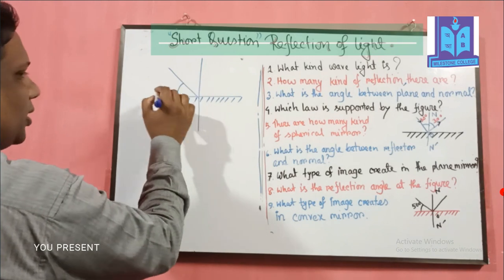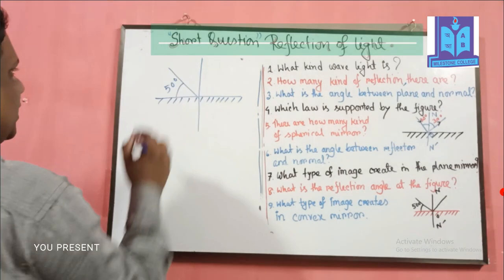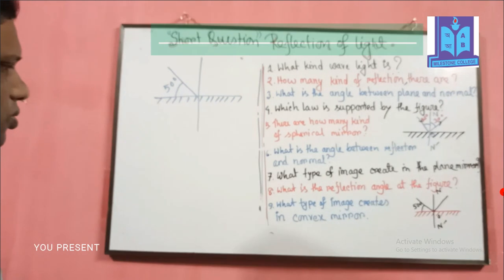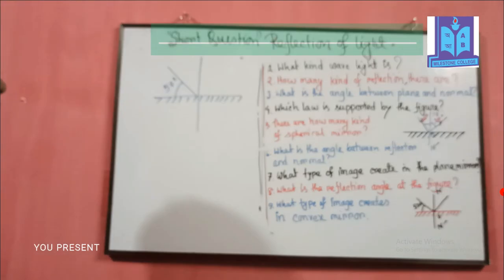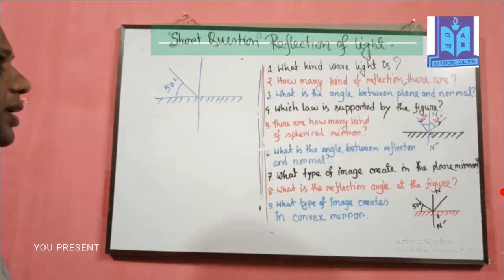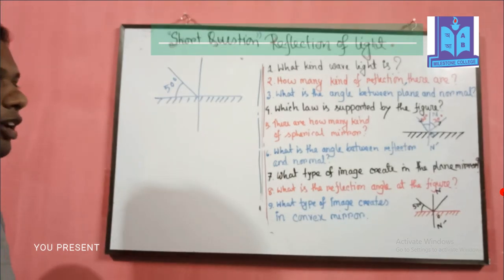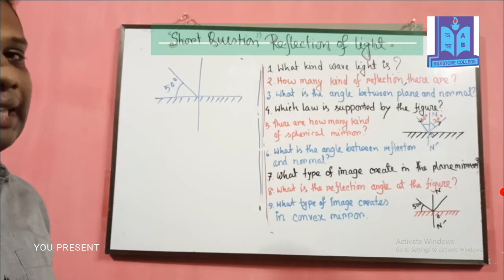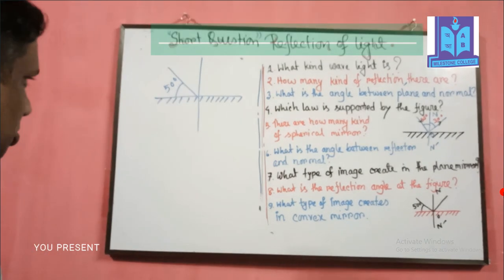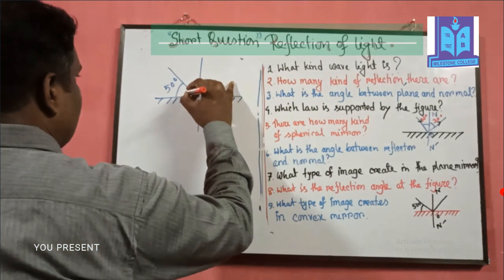The angle given here is 50 degrees. From questions 3 and 6, we know that the angle between plane and normal, or reflector and normal, is 90 degrees. So here the total angle is 90 degrees.